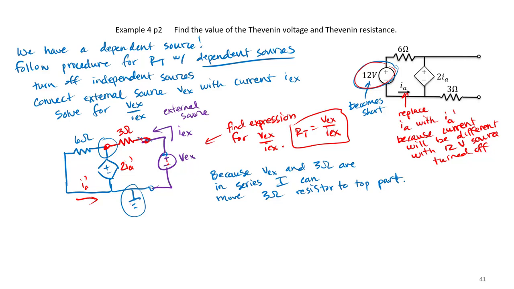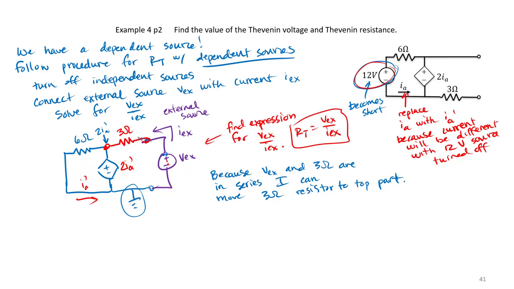And so what we can determine is that voltage. Here I know that I have 2IA prime volts at that node, because of the dependent source.